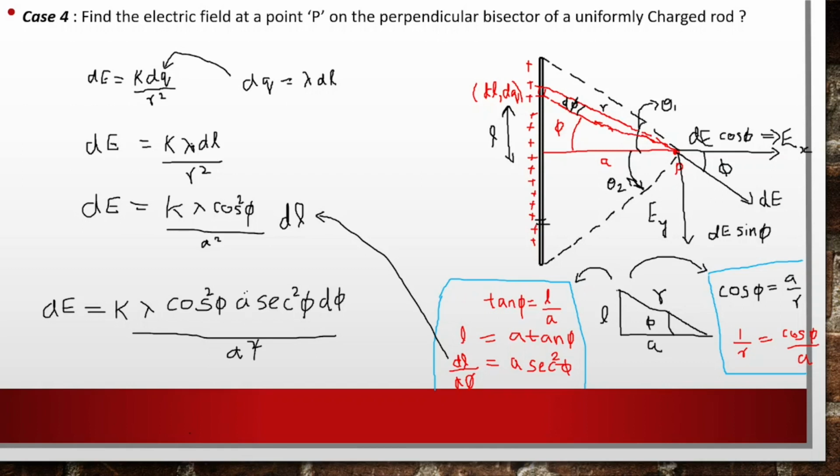So one a and this a cut and go. Now let's complete the derivation in our next slide. dE is equal to k lambda cos square phi sec square phi d phi by a.